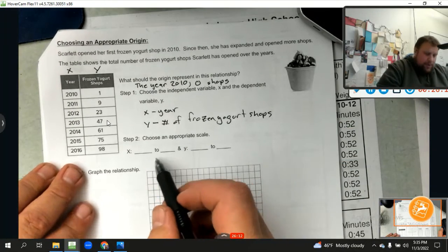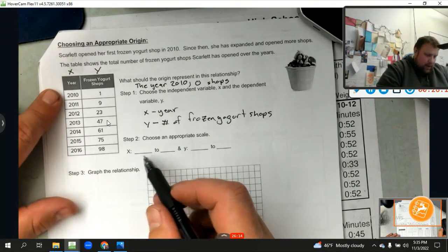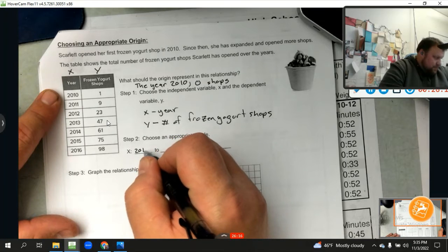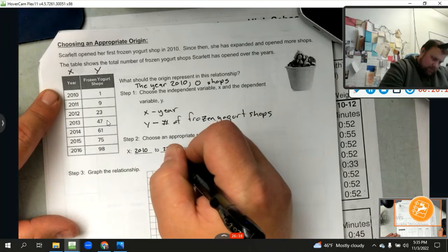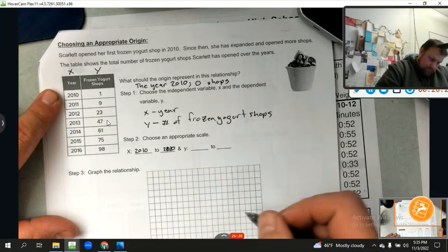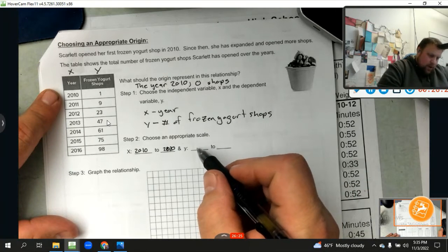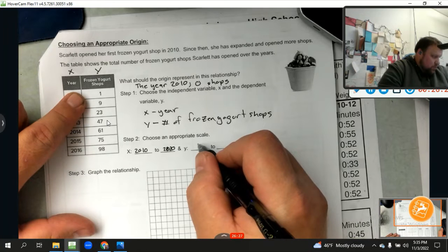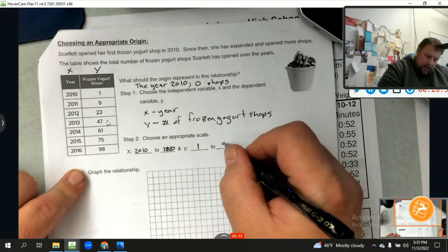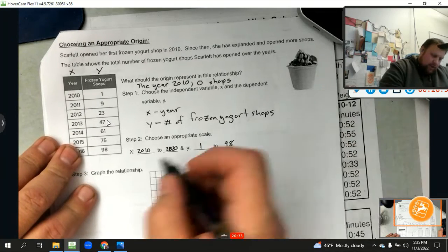Next, choose an appropriate scale. Well, let's see. X goes from what? It goes from 2010 to 2020. Okay? And what does Y do? Y goes from 1 to 98.